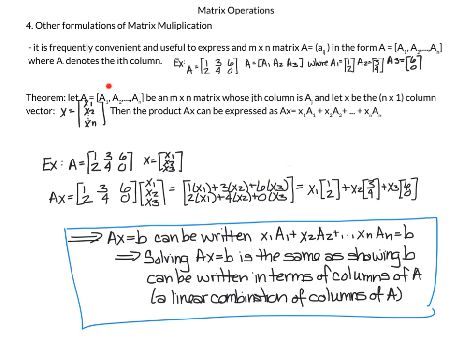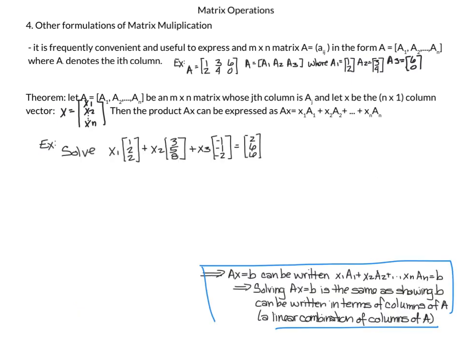It's just a restatement of the theorem. It's important to understand both of these, the theorem and also this implication, that to solve this matrix equation means b can be written as a linear combination of the column vectors of matrix A.